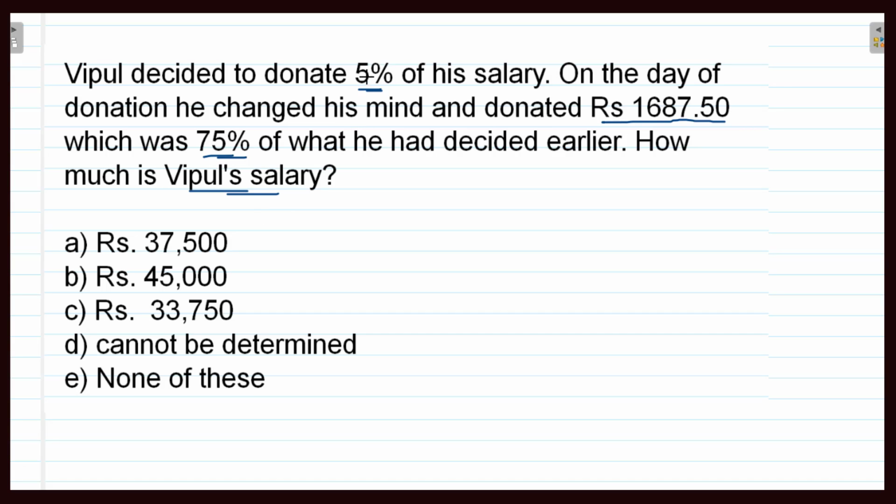Friends, initially Vipul decided to donate 5% of his salary, but later on he changed his mind and donated rupees 1,687.50, and this 1,687.50 is 75% of what he had decided earlier.